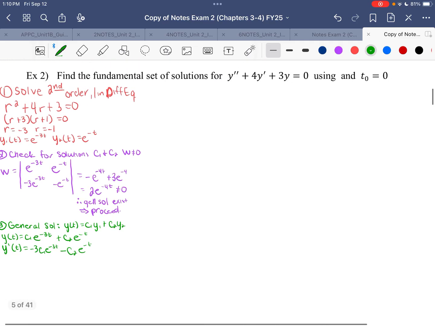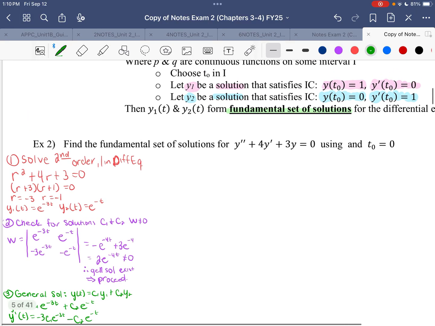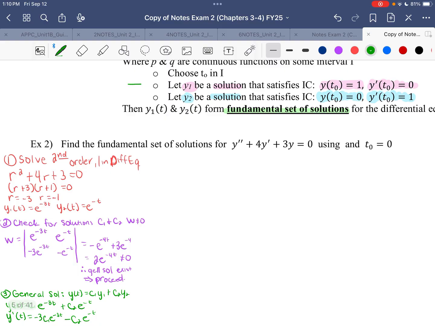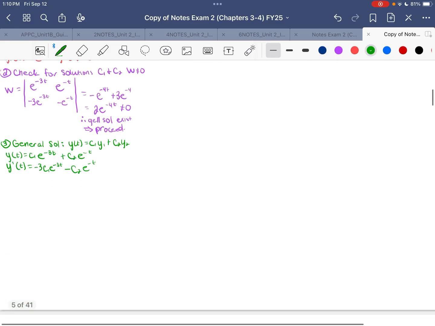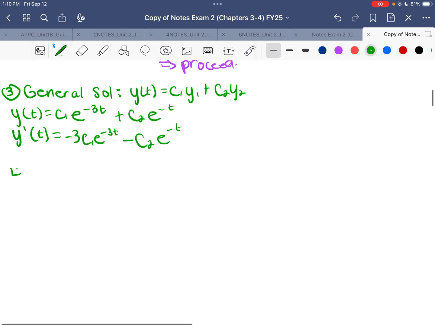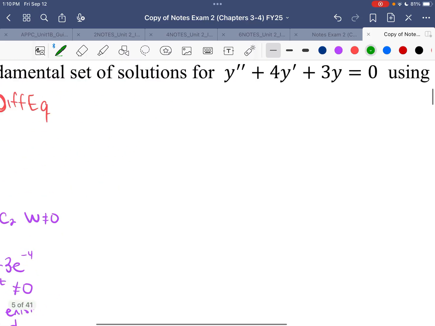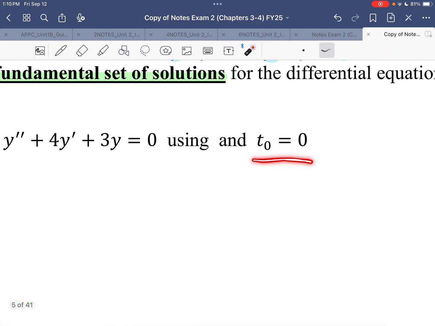Okay, so now we're going to do assumption number 1 and assumption number 2. Step 4 is basically going to do this, and step 5 is going to use this assumption. The only reason we're doing this is that at this t naught value, we didn't know what the y's were doing.